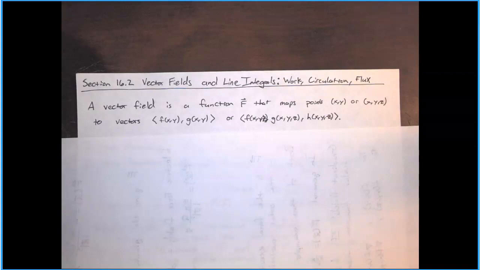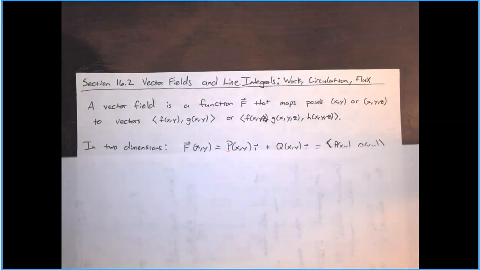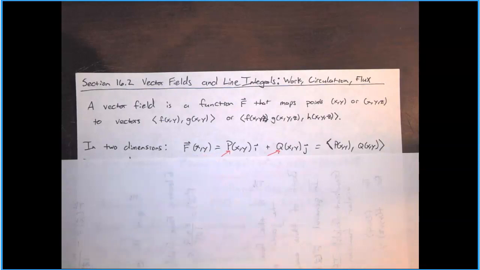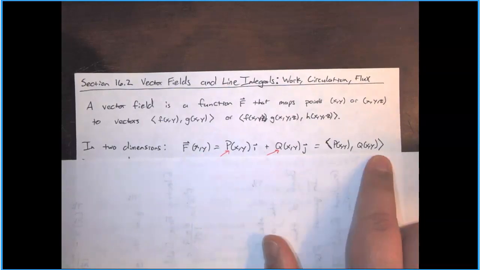And we always keep the number of variables equal to the size of the vector. So for instance, if I have a two-dimensional vector field, that means I have a function of two variables, x and y, and the output is a 2D vector.